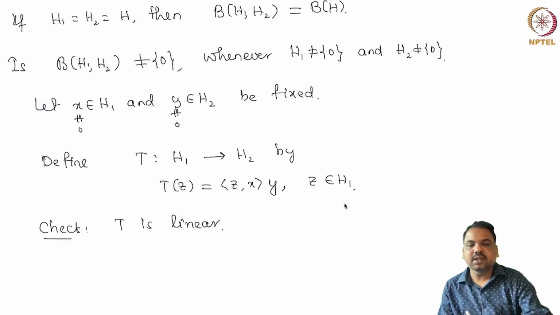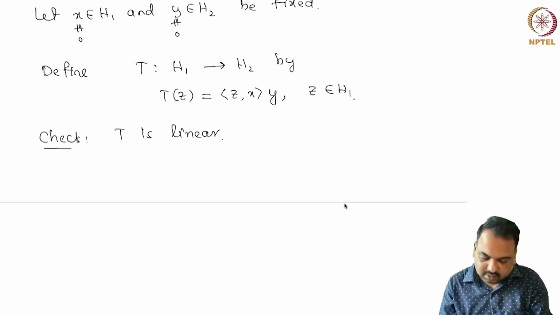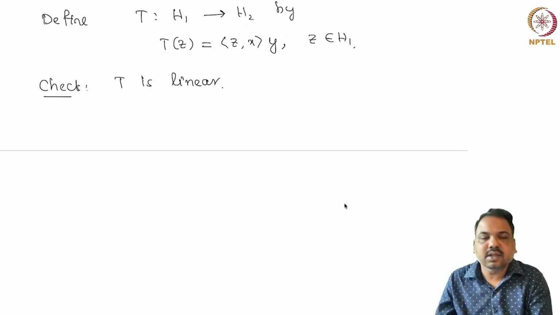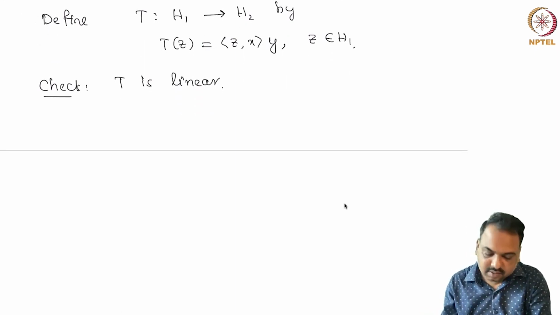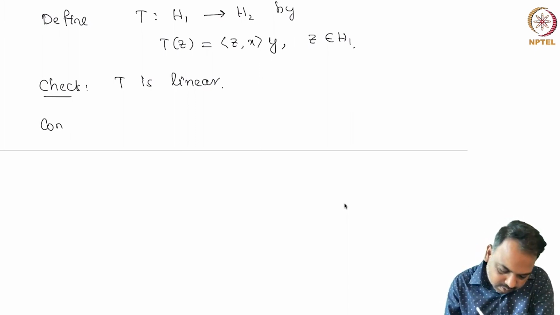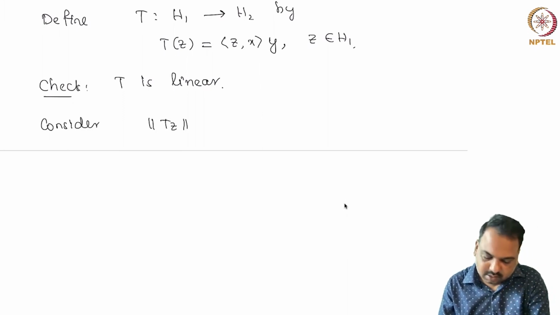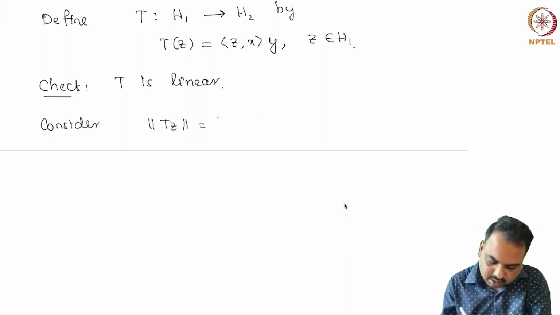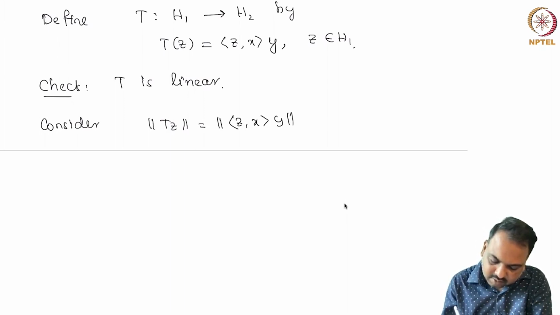and to show that T is bounded, it is enough to find a constant k satisfying the condition that we have seen earlier. So consider the norm of T(z). This is nothing but the norm of inner product of z with x multiplied by y.